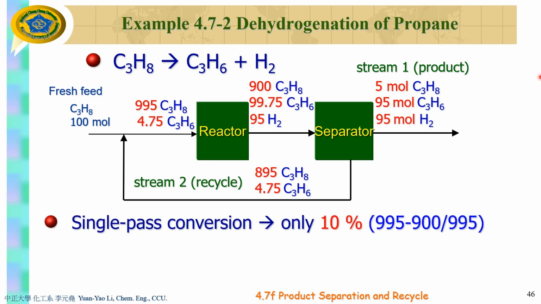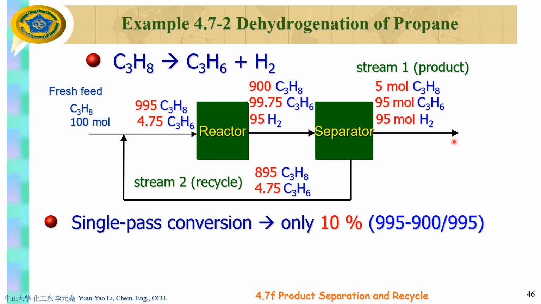The interesting thing is that when you do the single pass conversion, 995 minus 900 divided by 995, we're only at 10%. That means the reaction is very bad. If 995 becomes 900, you only have 95 moles of C3H8 reacted. So single pass conversion is only 10%.